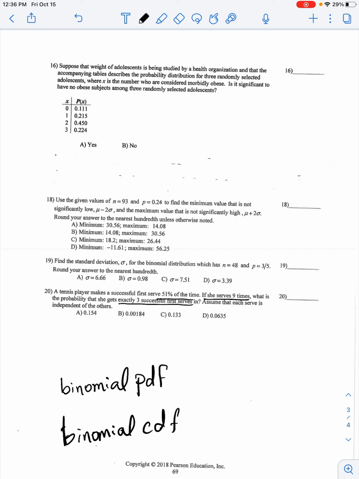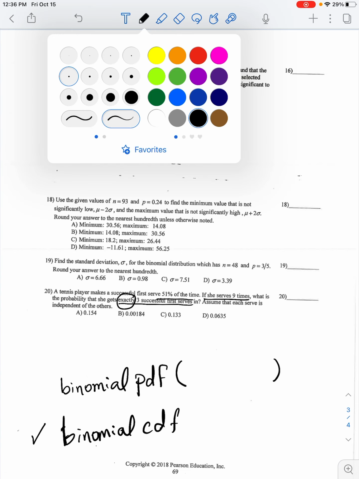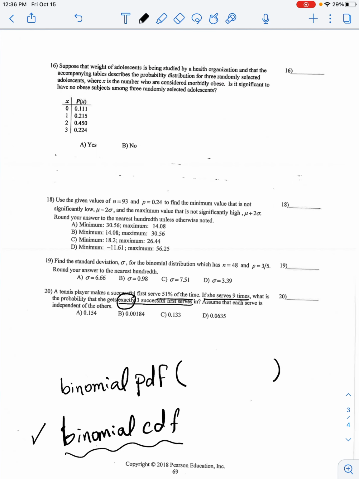CDF is for that number and less, like if they were asking what is the probability that she gets 3 or less successful serves, then you would use CDF. When it says exactly 3, then you use PDF. I want you to know both. Go to the 5.1 and 5.2 videos and see more examples of binomial CDF and PDF. In this case it is exactly, so that's PDF.